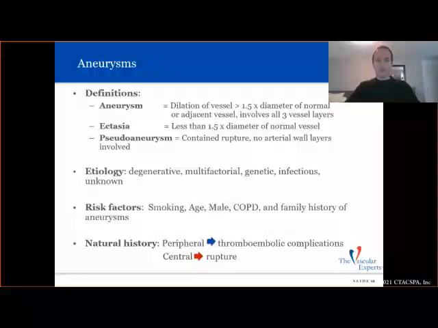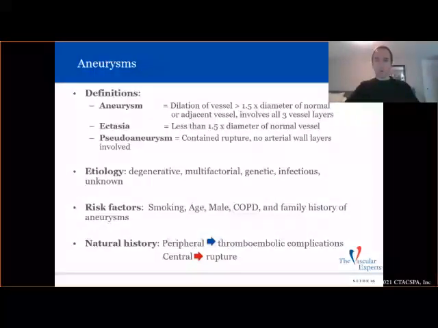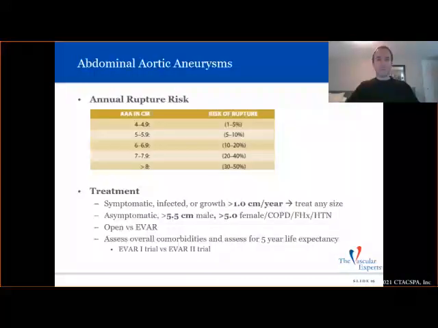And the natural history of aneurysms, most people think rupture, but that's really the central aneurysms of the thoracic and abdominal aorta and iliac arteries. But the peripheral aneurysms, mostly the femoral and popliteal, have thrombotic complications. So thrombus builds up in the wall of the aneurysm and then showers down as emboli to the feet.